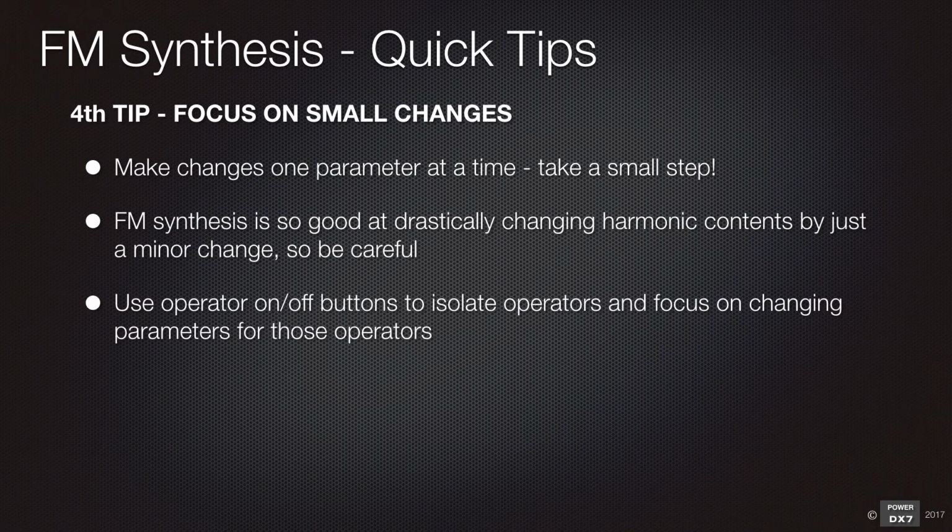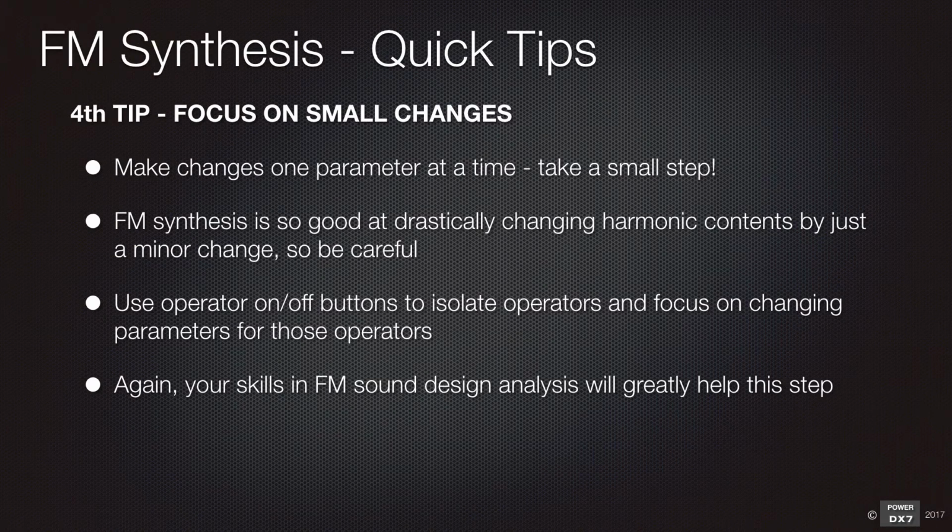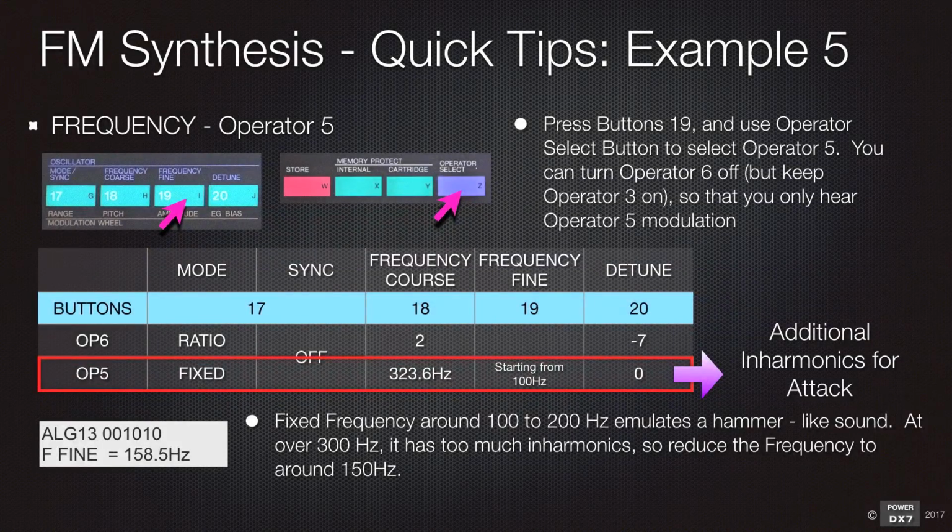You should also take full advantage of the operator on-off buttons to isolate one or two operators and just focus on changing parameters for those operators. Again, this is part of your FM sound design analysis skills. You need to be able to analyze which operator is doing what. My FM synthesis tutorials also show you how this is done.